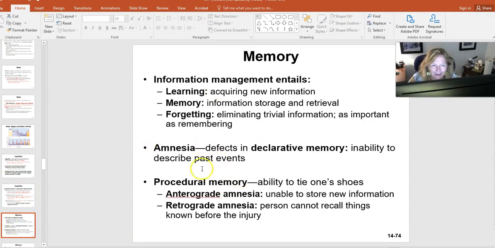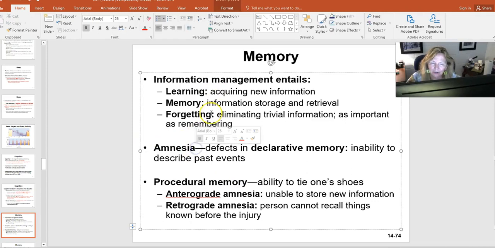Now, memory. It's important for memory to learn new things, obviously, more than just memorizing, actually creating pathways. So we talked about that in our introduction as well. But it's also important that you can forget, because our brains are assimilating so much information all the time that if you are not able to eliminate trivial information, it can actually lead to learning disorders.